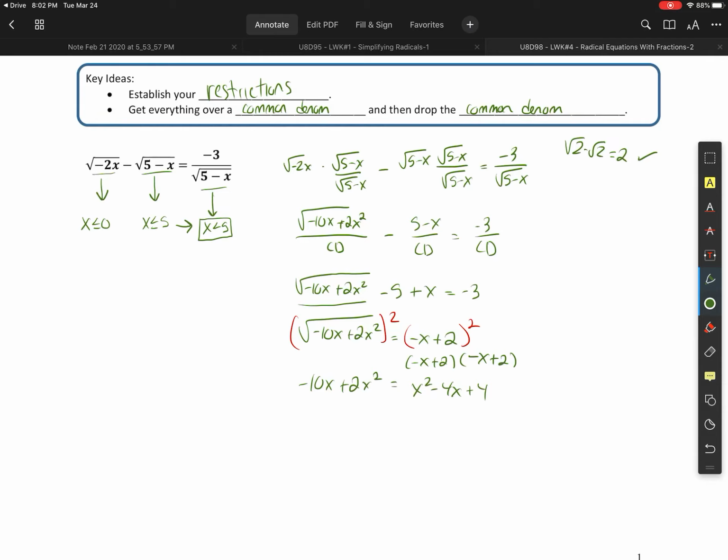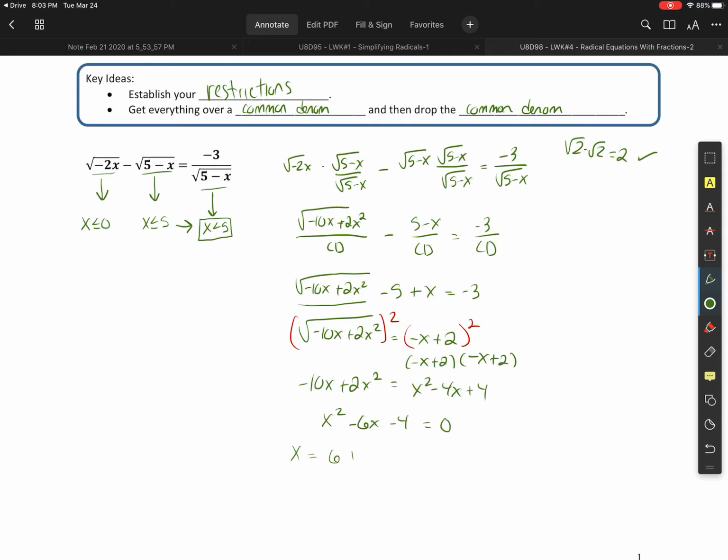Alright, so we've taken this from this fraction equation to a rad equation to now just a quadratic. Everything to one side, x squared minus 6x minus 4 equals 0. Can we factor this? Nope. There are no two numbers that multiply to -4 and add to -6. So since we can't factor it, what do we do? Quadratic formula.